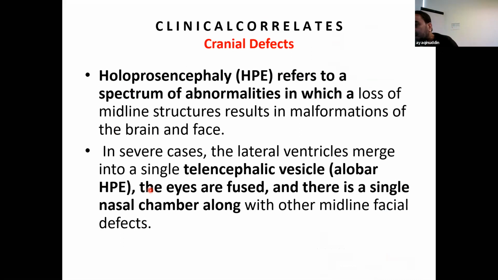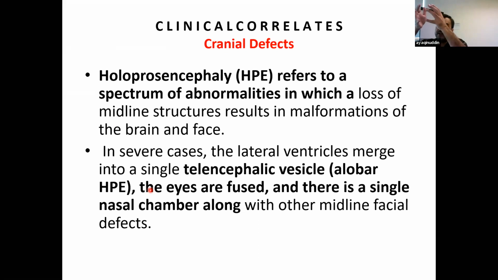Some of the congenital defects: one which is very, very rare is called holoprosencephaly. Now, holoprosencephaly refers to a spectrum of abnormality where you lose midline structures and results in the malformation of brain as well as the face. So in severe cases, you would not have two cerebral hemispheres, you would have one.